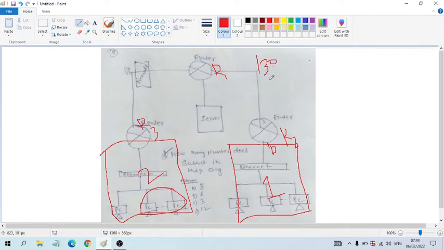CIDR. So total hosts are 2 to the power 2 minus 2, so total 2 hosts. So one IP address comes in the network part, and this is the host IP.